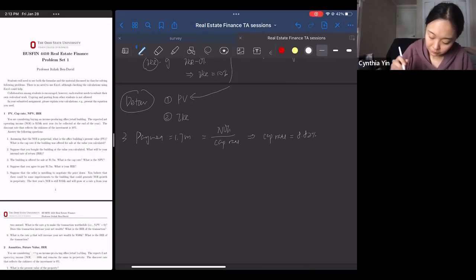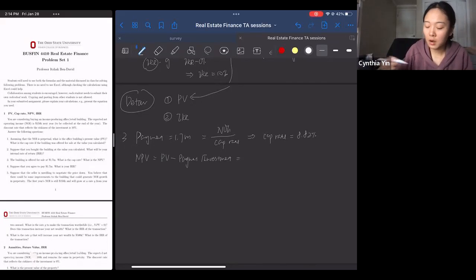And what is the NPV? NPV equals the present value of the project minus your investment, or your payment. Basically, it's just saying how much it's worth minus how much you pay to get the property.